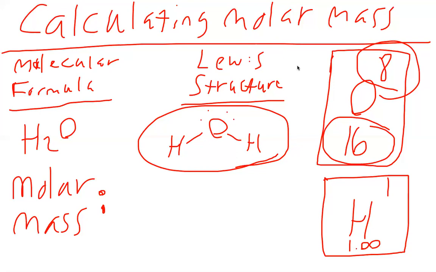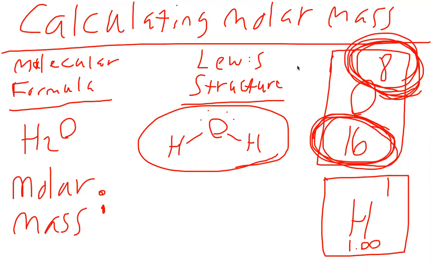Oh, what did you say? So where was that number 12 written? Sorry, for carbon, was it the top number in the periodic table entry or the bottom number? When you look at your periodic table entry for carbon, where was that number written? The bottom. The bottom, good.